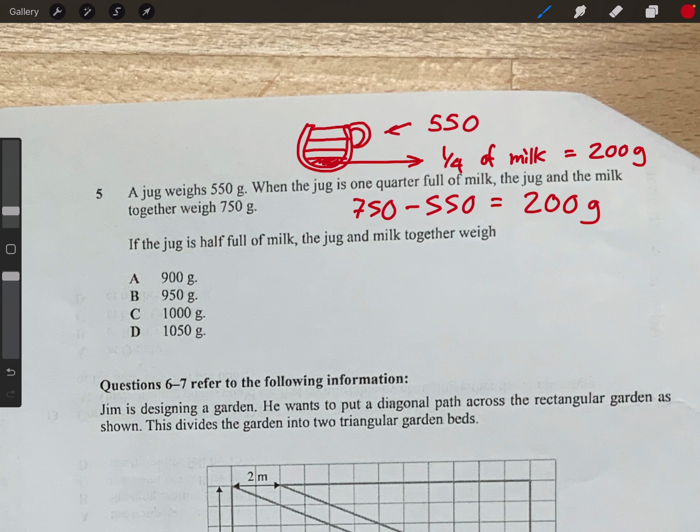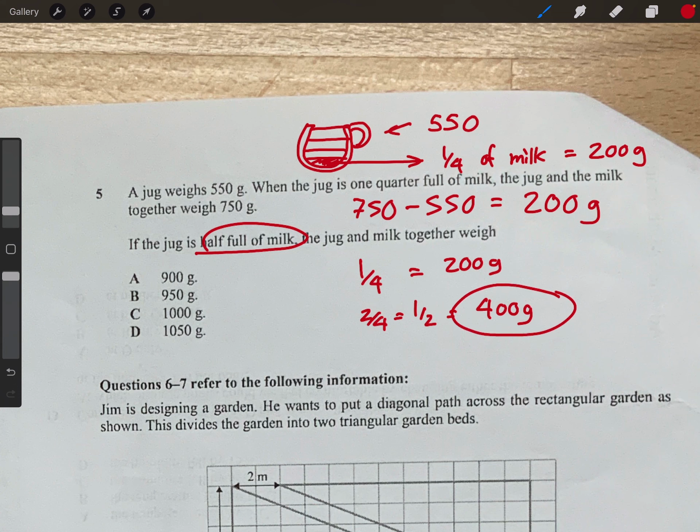Now if the jug is half full of milk, 1/4 is equal to 200 grams, so 2/4, which is the same as a half, would be 400 grams. So you have 400 grams of milk plus the 550 grams of the jug by itself. You add those two together, 550 plus 400, and you get 950, which is B.